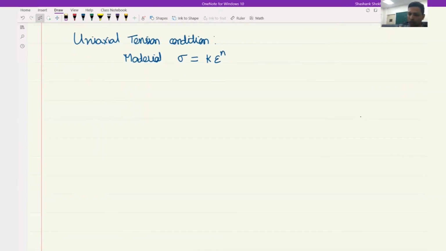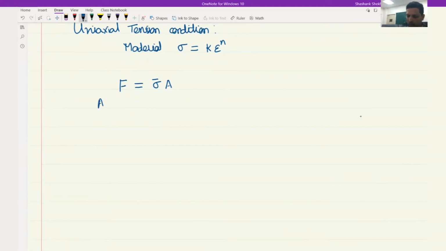Now let's say we are applying a load F, then in the gauge area, F is equal to sigma, where sigma is the effective stress, times cross-sectional area A. Now at the point of instability, we know that dF is equal to 0.